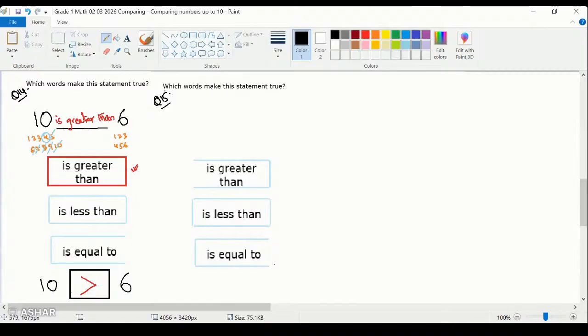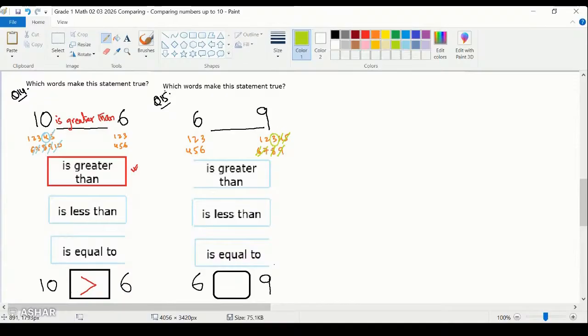If we compare 6 and 9, 6 is to be compared with 9. So we know that if this was 6 and this was 9, we already know that 9 is more. 1, 2, 3, 4, 5, 6. 9 is 3 more than 6, right?